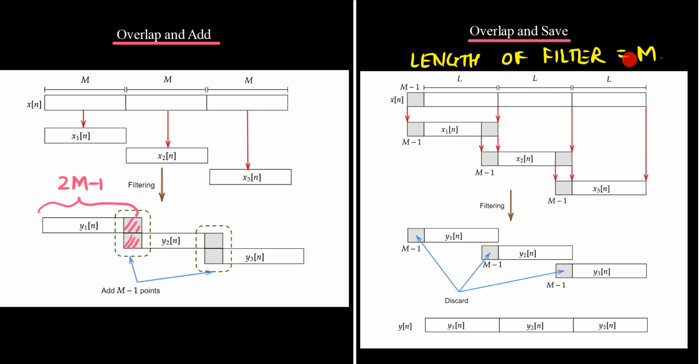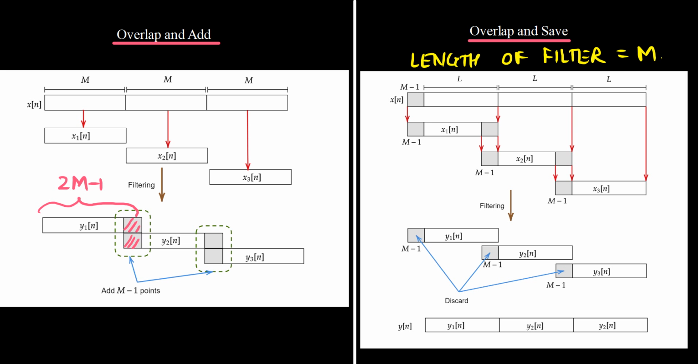We perform filtering on each block, but we consider circular convolution in this case. If we want linear convolution of a signal of length L and a filter of length m, the length of the output would be L plus m minus 1. So if we want to use circular convolution, we need to make this L length block as well as the filter of length m into length L plus m minus 1.